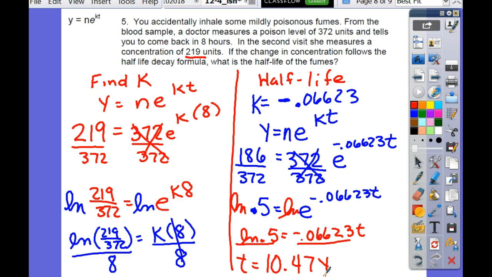How do I know what this is down here? This right here, my time unit was hours, so this is hours down here. It doesn't say in your problem whether you're supposed to round to 1 decimal place or 2 decimal places or a whole number. So for the final answer, it is usual to round to 2 decimal places.